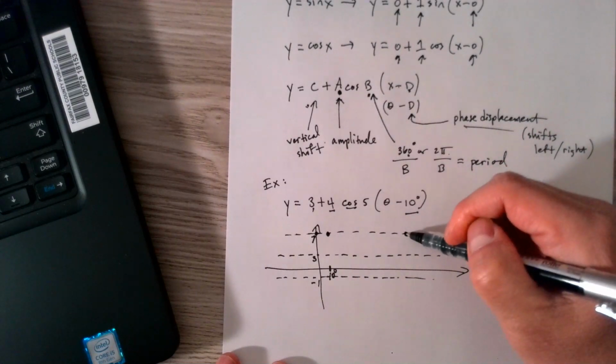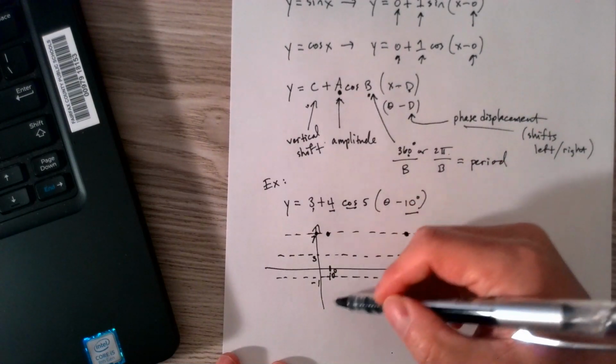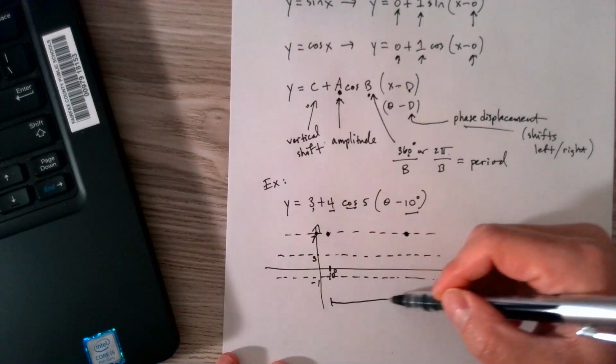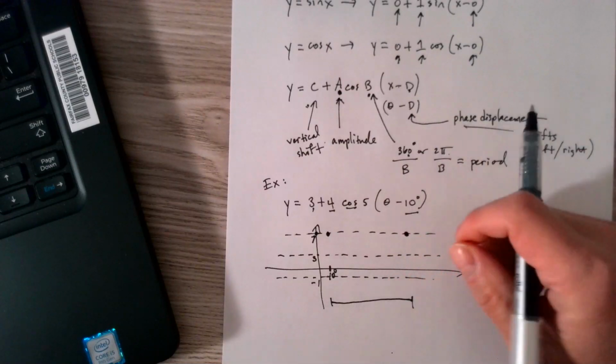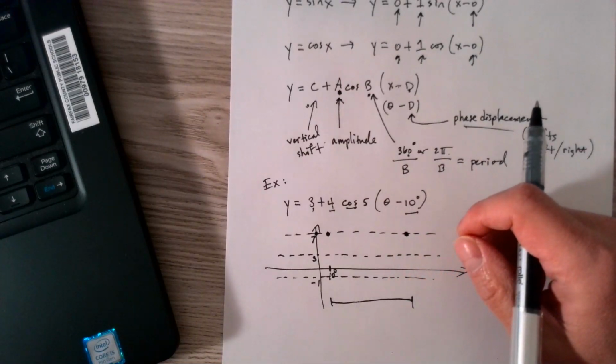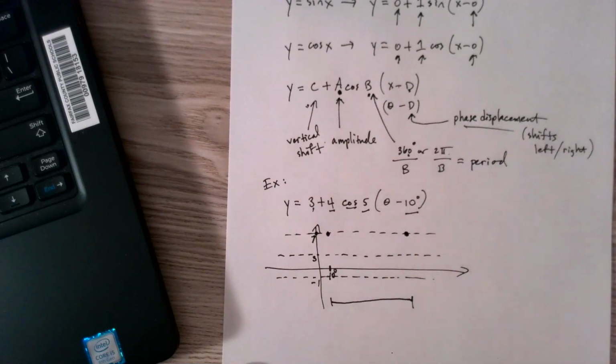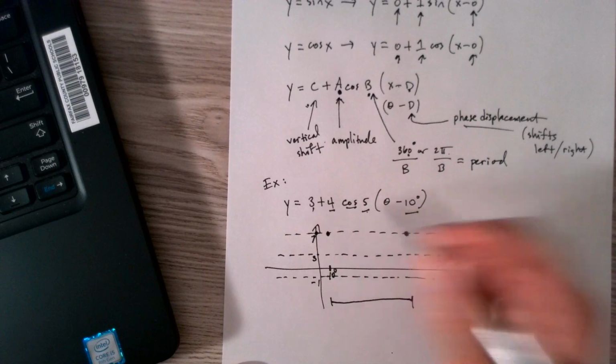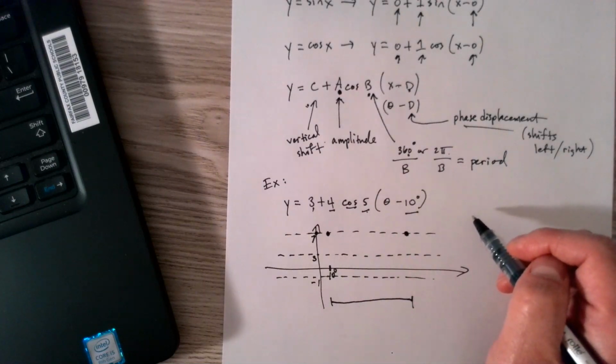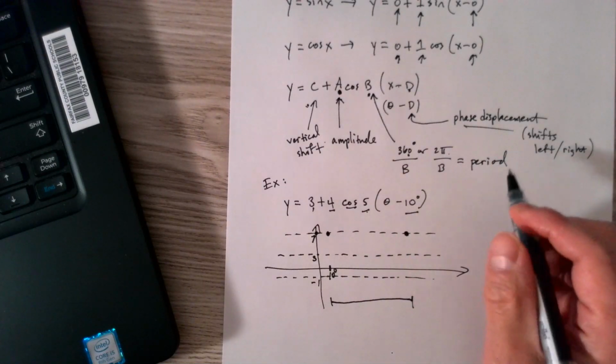We'll say here. Now what I need to know is how far is that? How long does it take to finish that first cycle? That's the period, right? So I need to look here. 5. Remember, this is the one where I have to do some calculation to get the actual period.